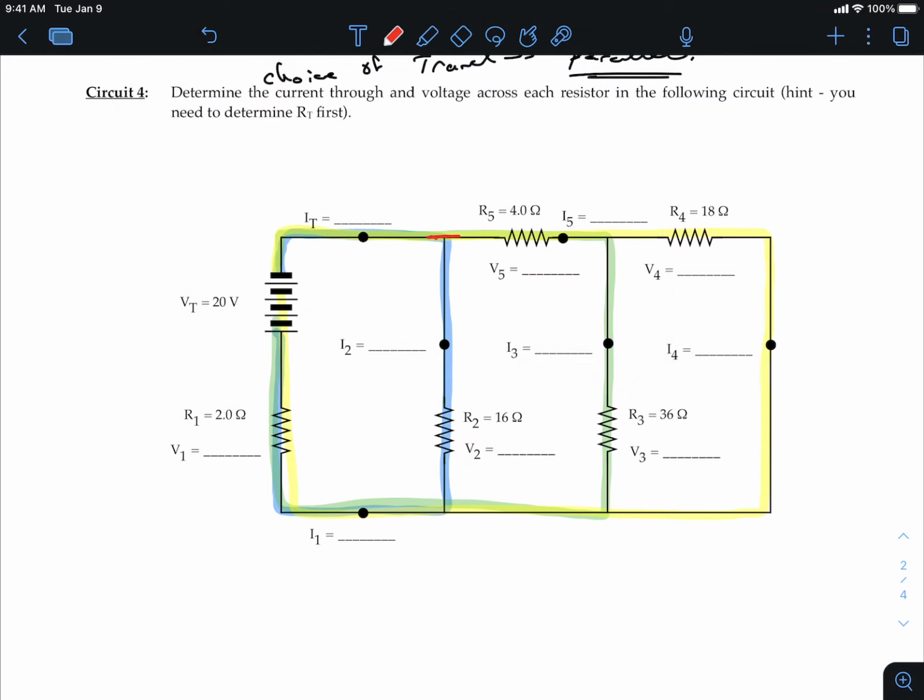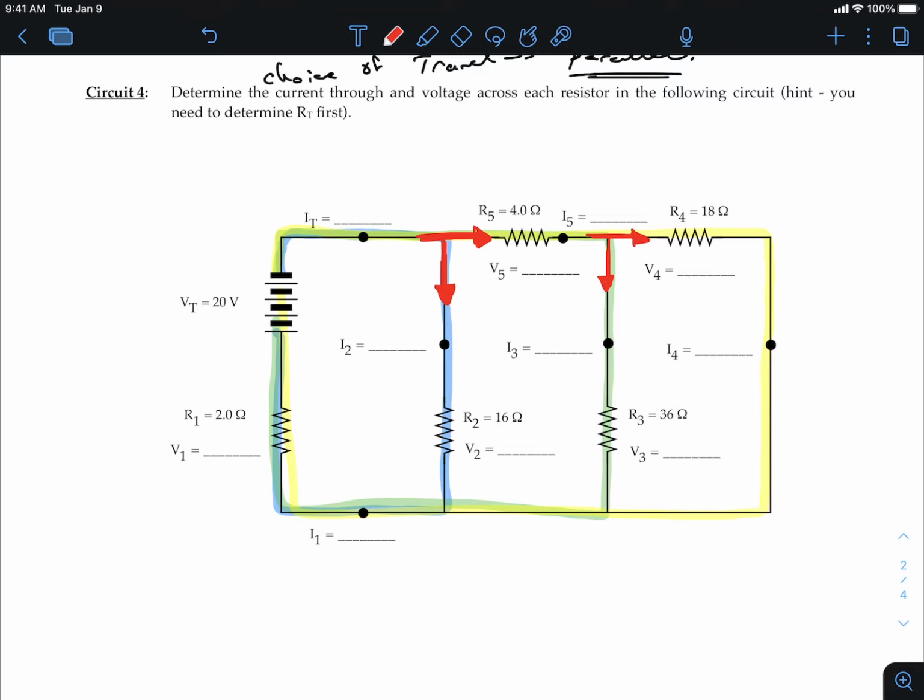The electrons can either go this way or this way, and it also looks like they have a choice here as well. They can go that way or this way. Having a choice is what makes this particular circuit parallel. It's choice.